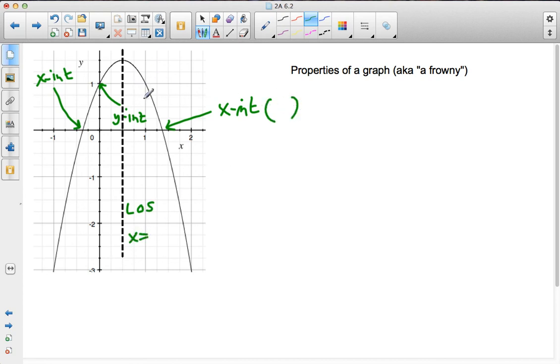Again, these are ordered pairs. But instead of a minimum point, I have a maximum point. So now I have an ordered pair that represents the highest point of my parabola.